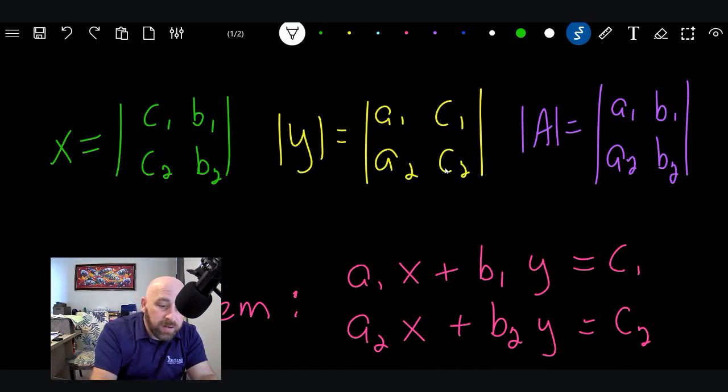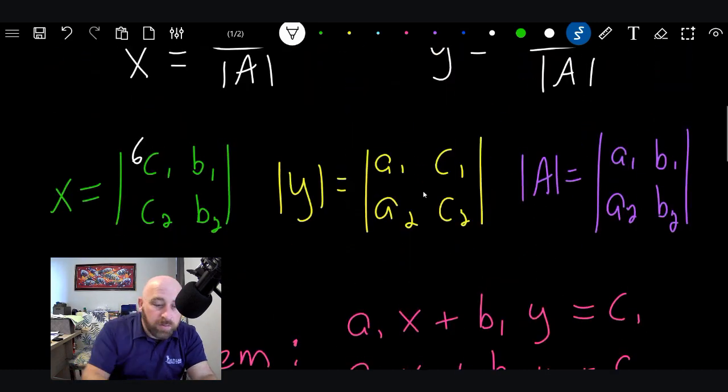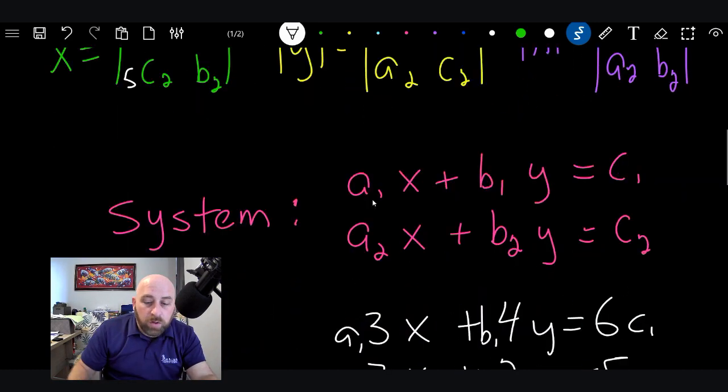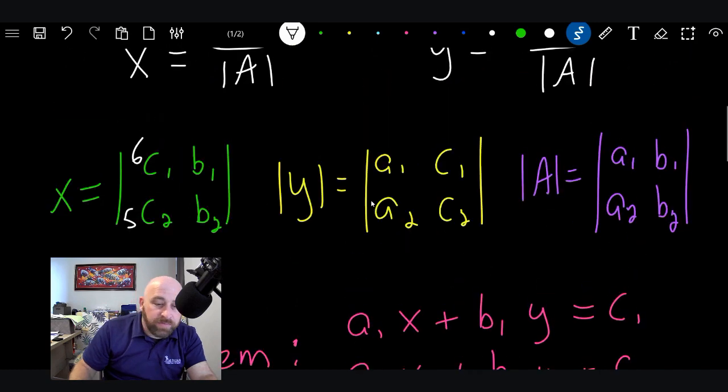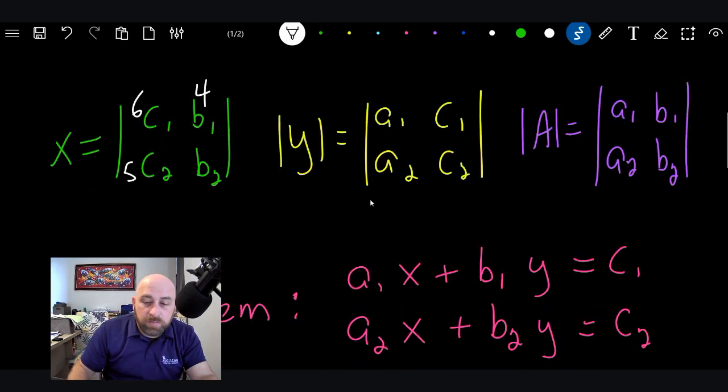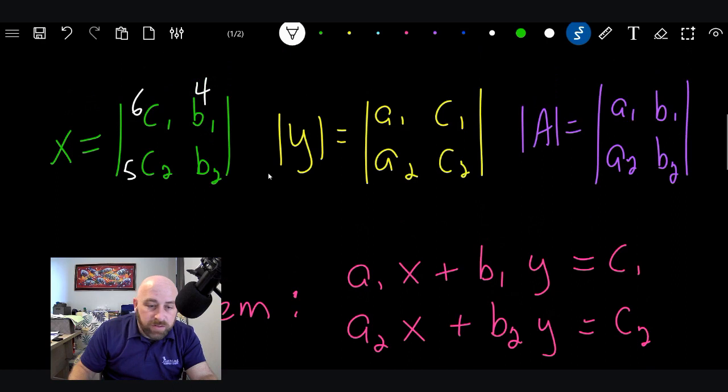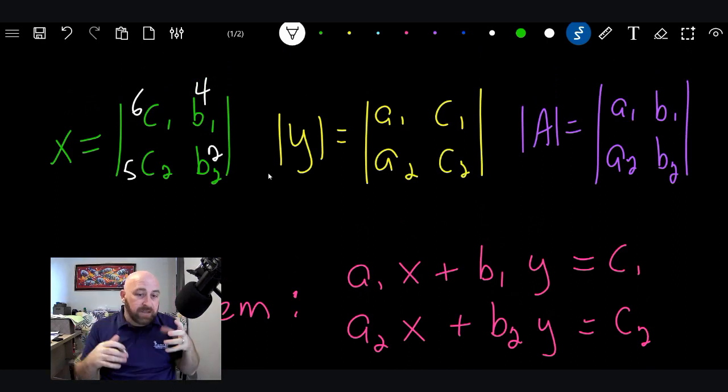So here you would write a 6 where that C is. What's C2? That would be a 5 right there. What's the B1? That would be a 4. And what's the B2? That was a 2. And so this one would be a 2. And so you're refilling in this little matrix with the variables that are there.